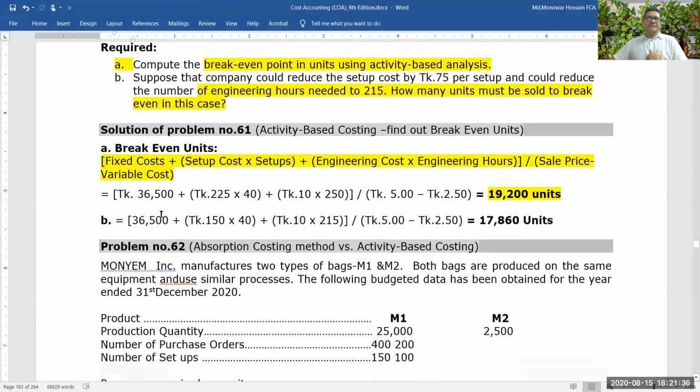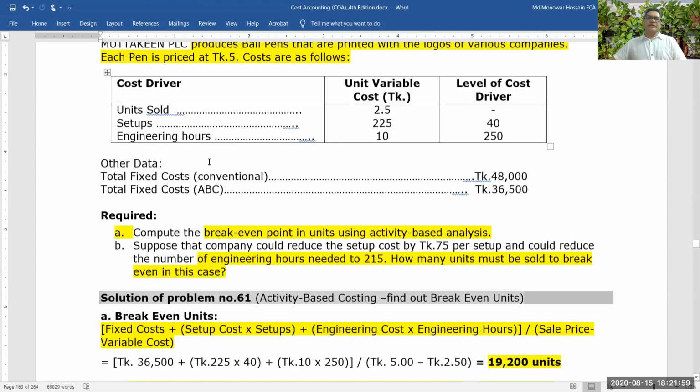So look here, the same way, same formula. If we put all the data in here, what is the change? The change is 250, now 215, and here 225, here 150. So total units 17,860. Okay, I think.